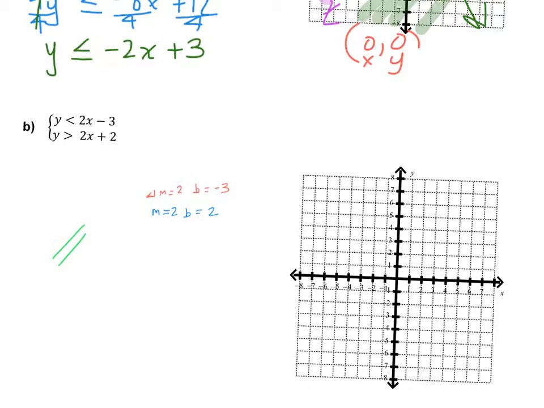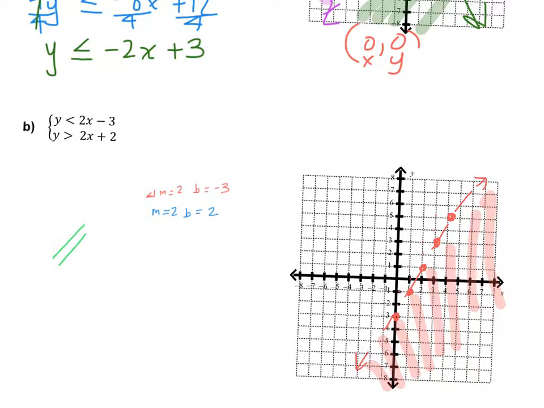Okay, the top one. Begin at -3 on the y-axis, rise 2, run 1, rise 2, run 1, and you make as many points as you want. That is a less than symbol, which is not an or equal to, so we put a dash. Less than means you shade below the line.